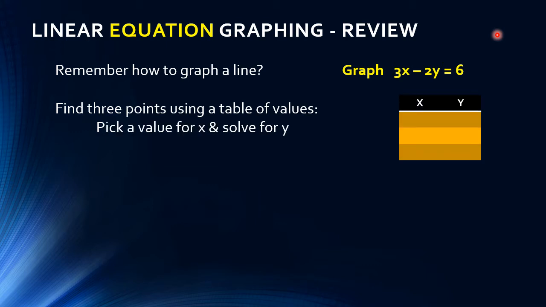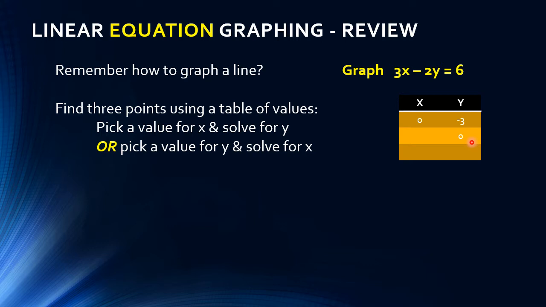So what we do here is we pick a value for x and then plug that value. So here we picked x equals 0. We plug that back into our equation and solve for y. So if we plug x equals 0, we get negative 2y equals 6, or y equals negative 3. We can do this the opposite way, which is to pick a value for y and then solve for x.